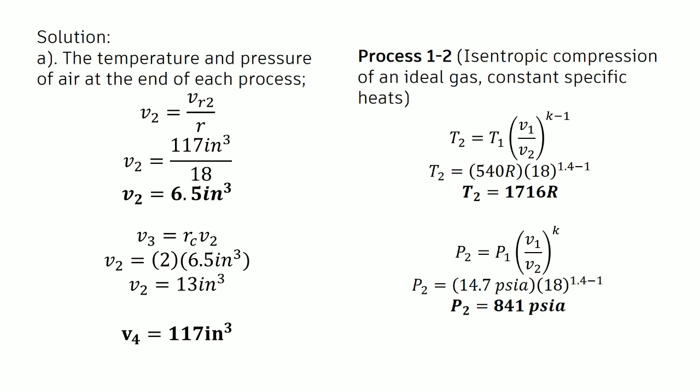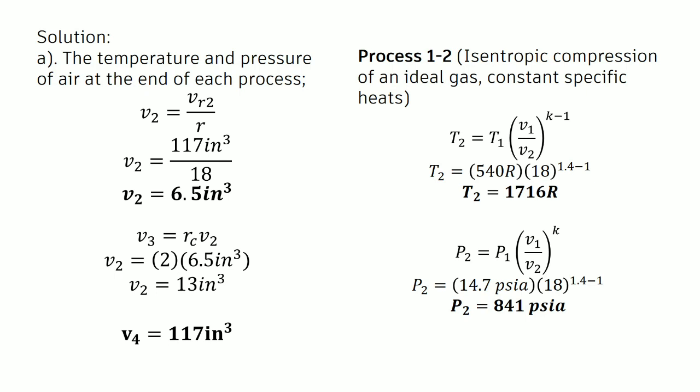First, the specific volume of our second state. This is the formula: the specific volume of state 1 over r, the compression ratio. Plugging in, we have a specific volume at state 2 of 6.5 cubic inch.